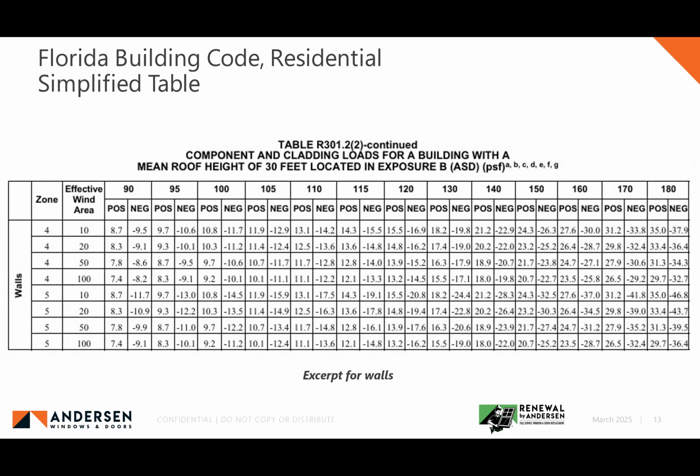Then we're dealing with effective wind area. Let's say your effective wind area was 15 square feet. The table gives you values for 10, 20, 50, and 100. This one works a little bit backwards, because if your effective wind area was 15 square feet and you didn't want to interpolate, you actually use the lower effective wind area because you're going to get a higher design pressure.